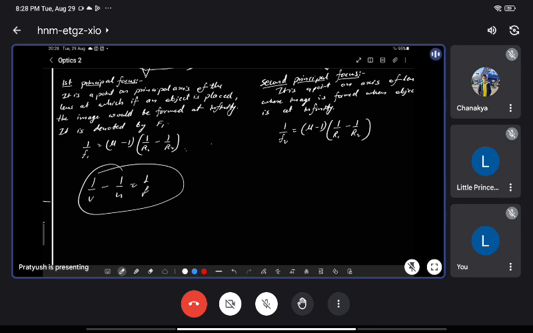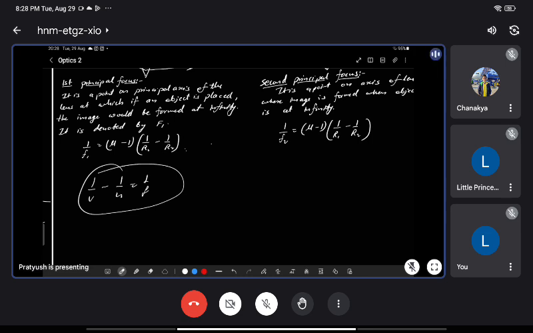What are thin lenses? How do we know that a lens is thin or not? When we speak about a thin lens, we mean that the radius of curvature is much larger than the thickness of the lens at its center.